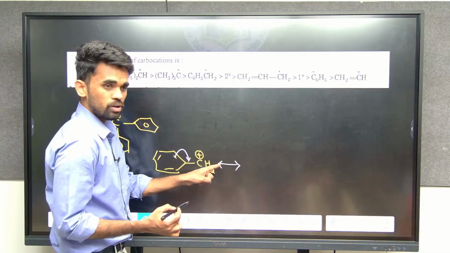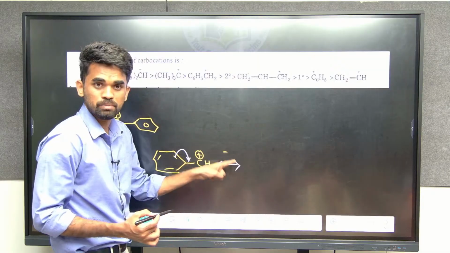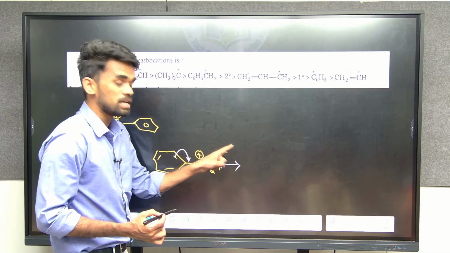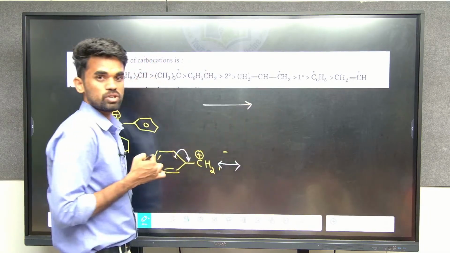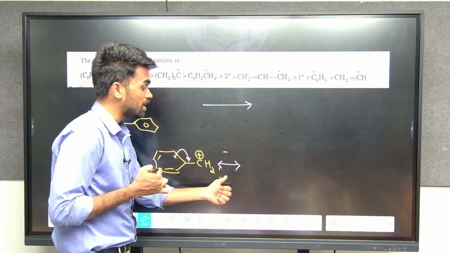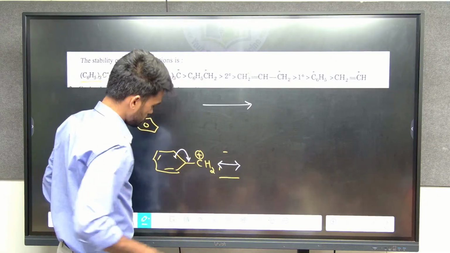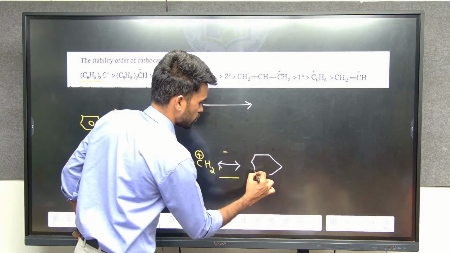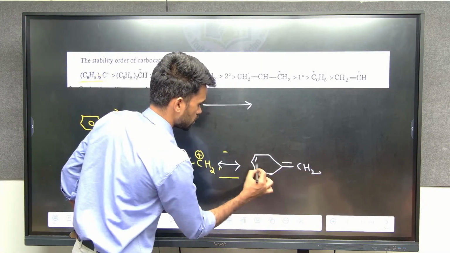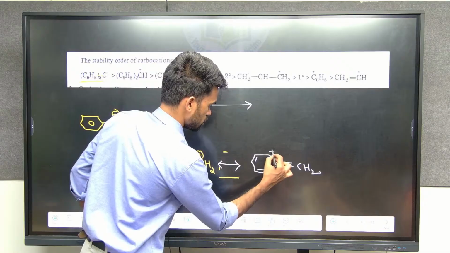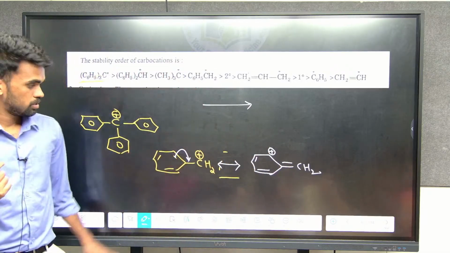See, are you observing? I am writing this kind of symbol all the time. So this is called the resonating symbol. Chemical reactions means you are writing like this. So this is for resonance. Like this. Are you getting?